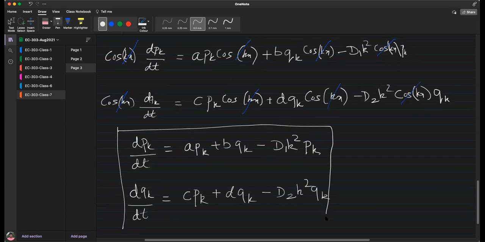Okay, this is the new set of equations. These tell how the amplitudes of the kth mode for species 1 and species 2 change with time. Is everyone on board?